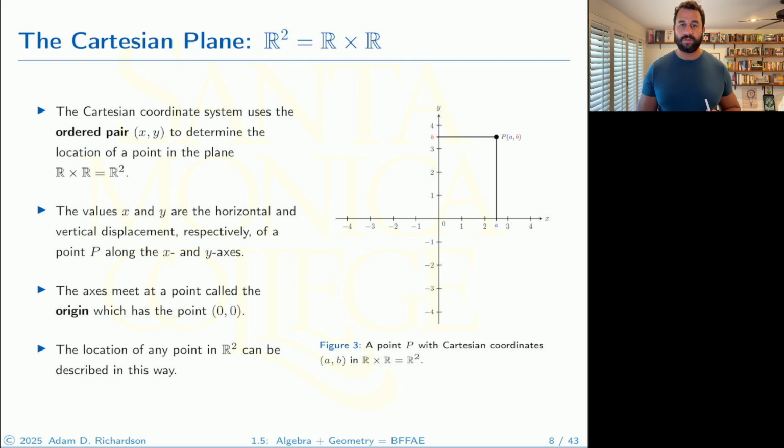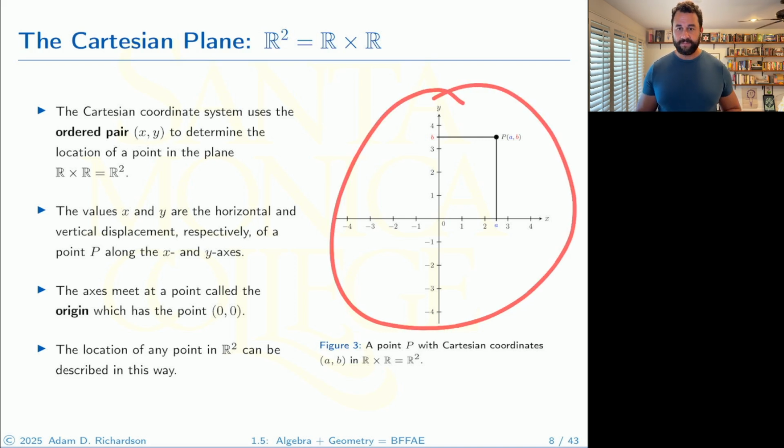Okay, now let's talk a little bit about the Cartesian plane. I'm assuming most of you have seen the XY plane in the past. That's really all this is. It was originally developed by Rene Descartes, which is why it's called the Cartesian plane. It's basically taking two real lines and crossing them in a perpendicular way. The Cartesian coordinate system uses an ordered pair, x comma y, to determine the location of a point in the plane.